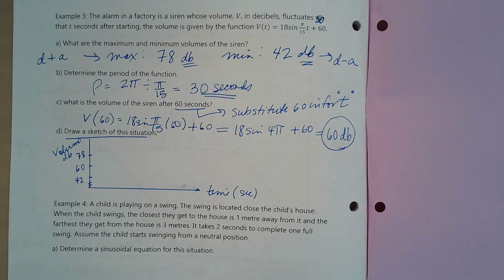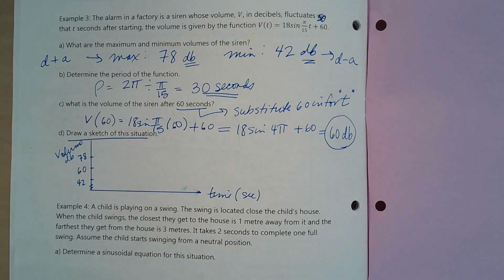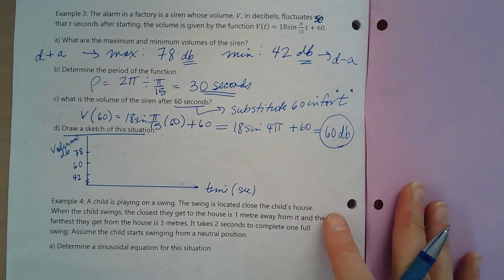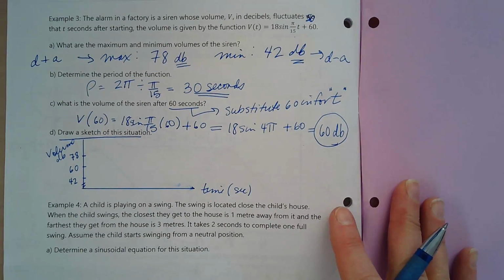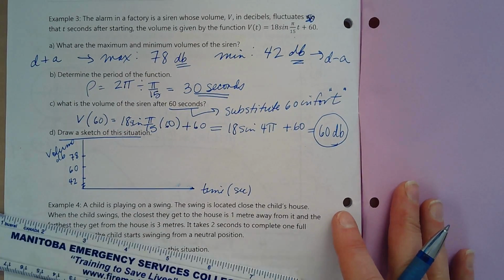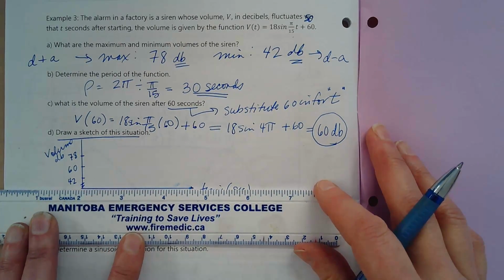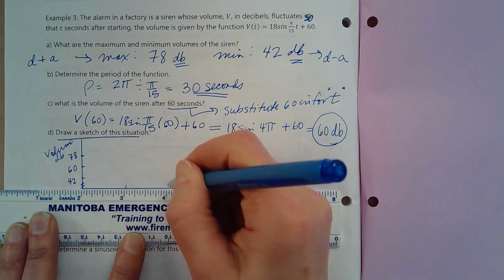The period will tell you how you're going to break up your x-axis. So the period is 30 seconds. So I go through one complete rotation in 30 seconds, right? 30 doesn't really divide nicely by 4. So I guess we'll do it anyway, right? So I'm going to say 30, 60.